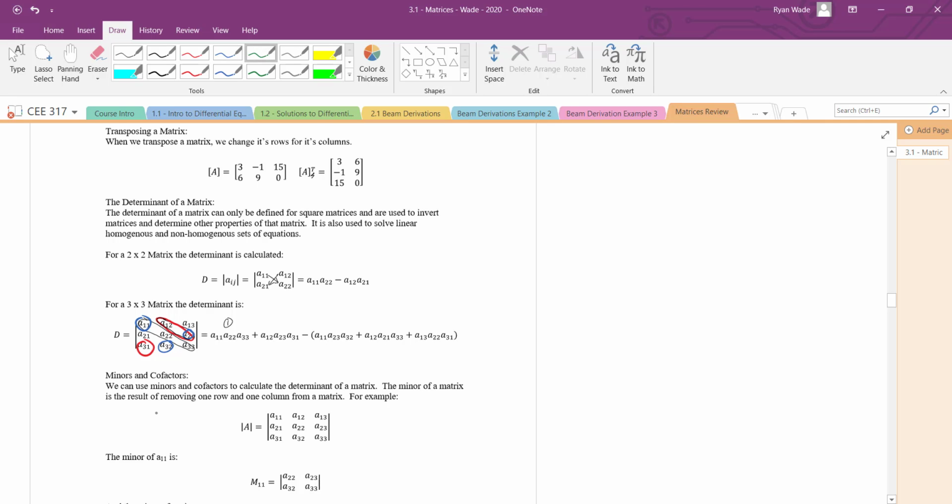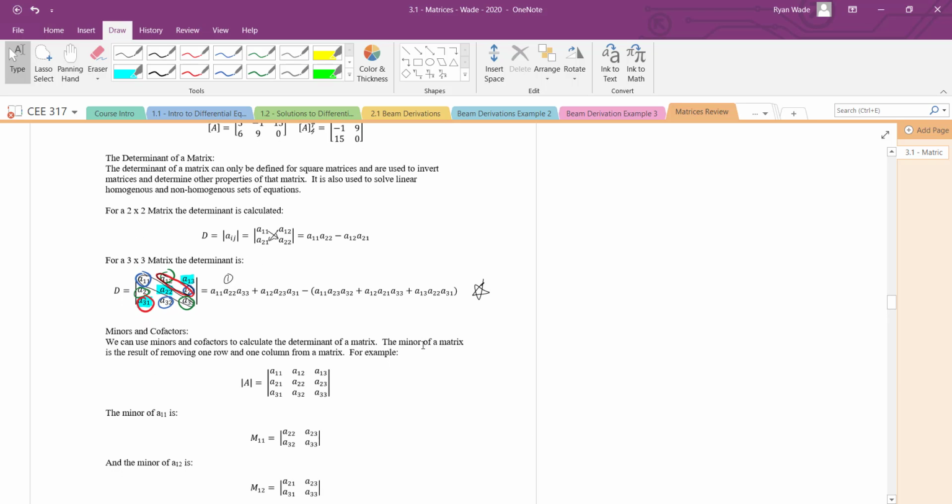There's not really an easy way to memorize it aside from taking a look at what happens, or memorizing that, or having that in your notes. We're running out of colors here, and then A13 multiplied by A22 by A31. So it kind of goes all over the place there. But just note that it's right here in the notes, how to do the determinant for a 3 by 3 matrix.